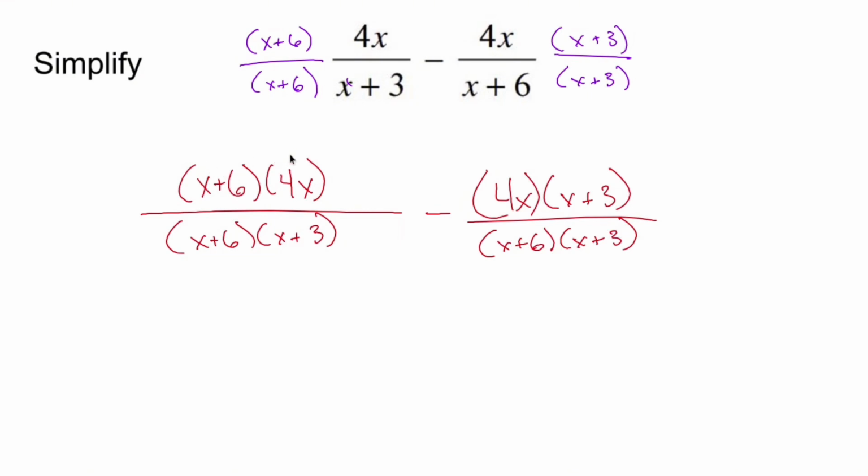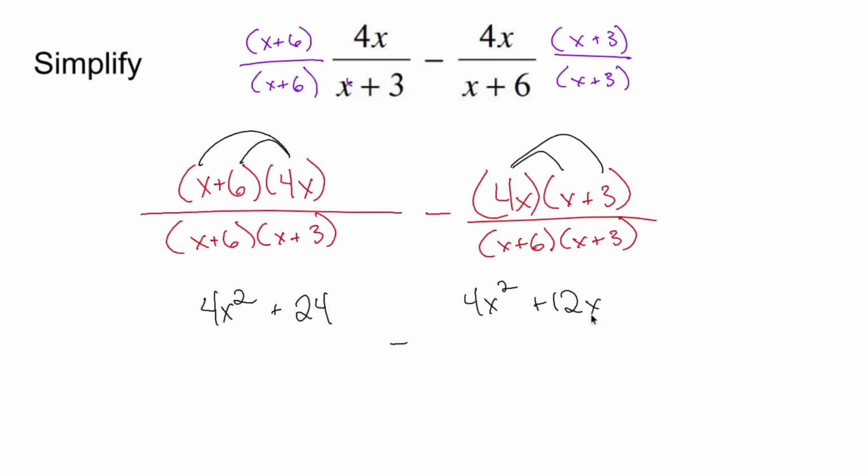Let's distribute. 4x times x is 4x squared. 4x times 6 is 24x. And on the other side, 4x times x is 4x squared. How nice. 4x times 3 is 12x.